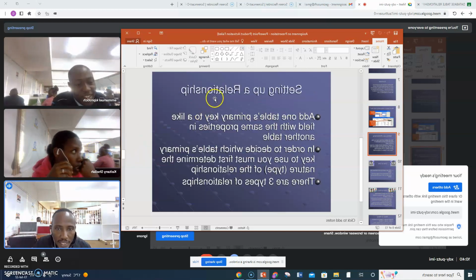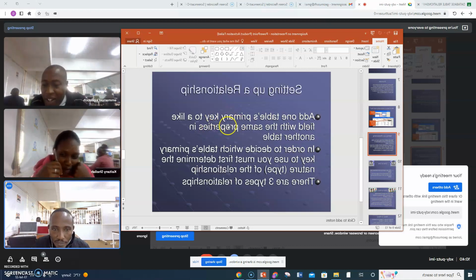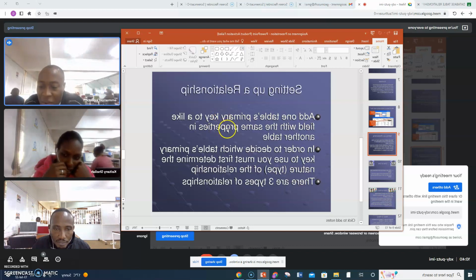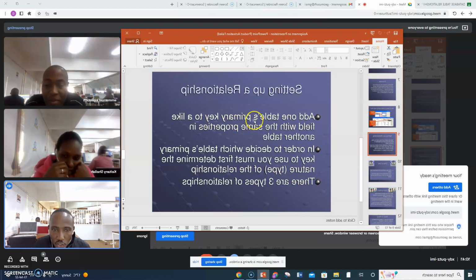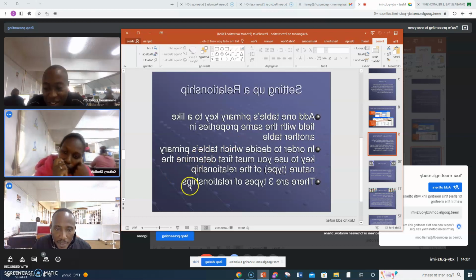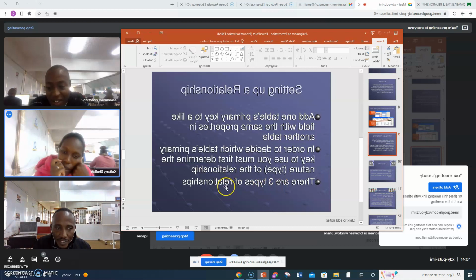Now, setting up a relationship. Emmanuel, can you read that? Correct. So a primary key is only added to fields with the same properties. Good. Kaitani, read this part here. Correct.